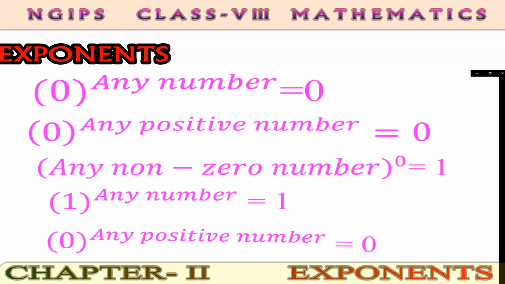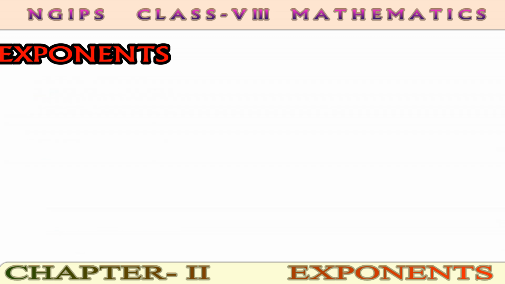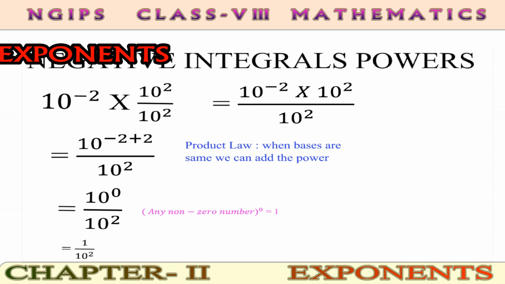Now we are going to discuss negative powers. Until now we have worked only with positive exponents. Here is a very simple example to understand negative exponents. Consider the number 10 raised to minus 2. Since we are familiar with positive exponents, let's understand how we can write this negative exponent as a positive exponent.